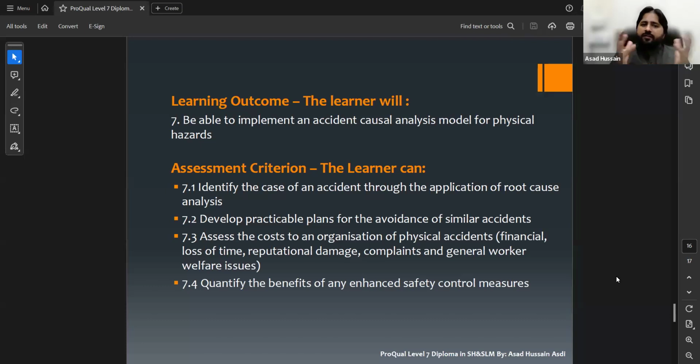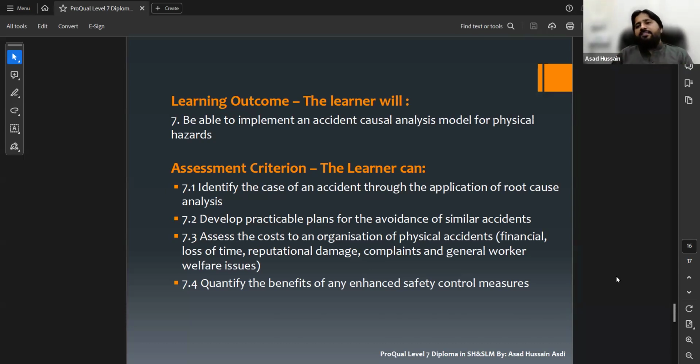So in case of any accident, you have to show the application of root cause analysis. Here you can provide evidence of how you are investigating any incident or accident.